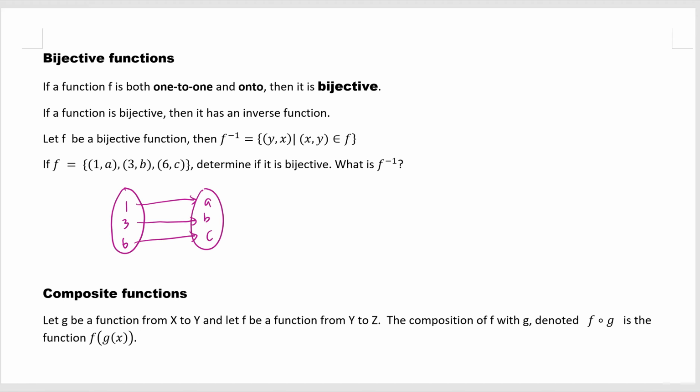And what is f inverse? Well, we just reorder them, then we have A1, B3, C6. This is the inverse. We just interchange X and Y.